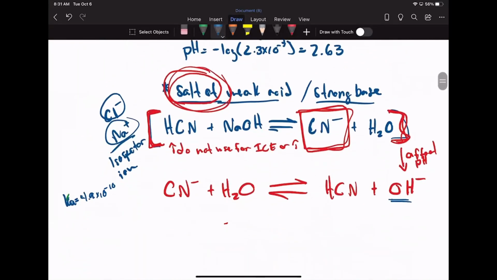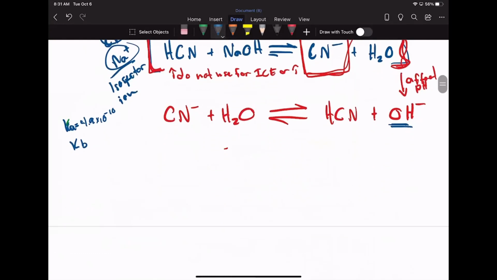Because we have hydroxide, we need to calculate the Kb. So let's go ahead and do that off to the side here. My Kb is equal to 1.0 times 10 to the minus 14 over 4.9 times 10 to the minus 10. So our Kb is equal to 2.0 times 10 to the minus 5. So now I know what the Kb is.